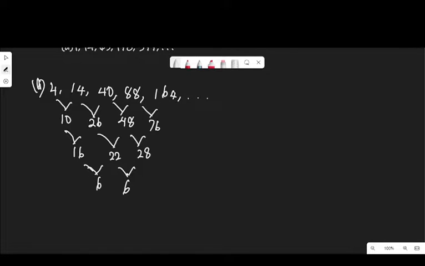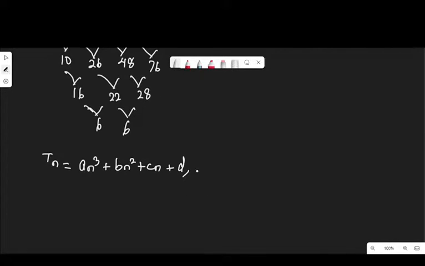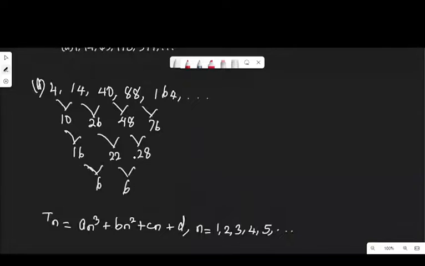Now for us to get the nth term of this sequence, we know that the general term for any cubic sequence is an to the power of 3 plus bn to the power of 2 plus cn plus d. Using this, what if we substitute the values 1, 2, 3, 4, and 5 into this equation?